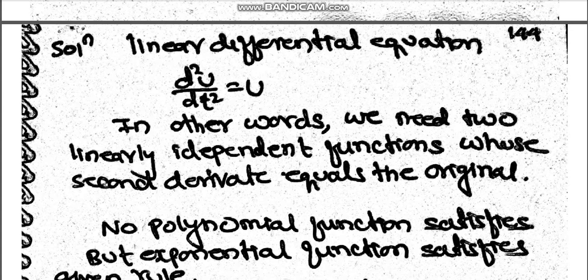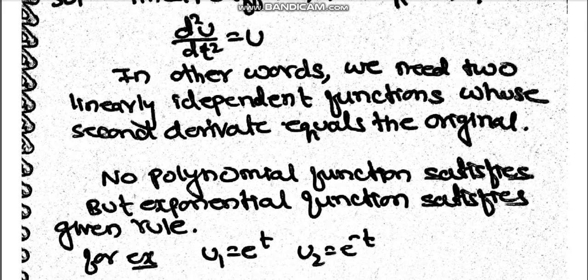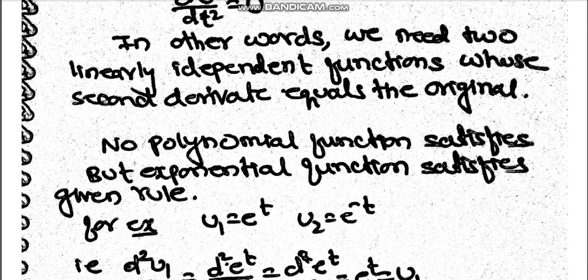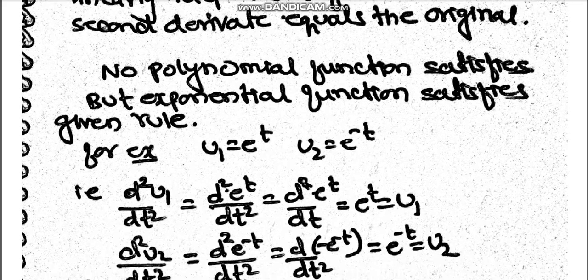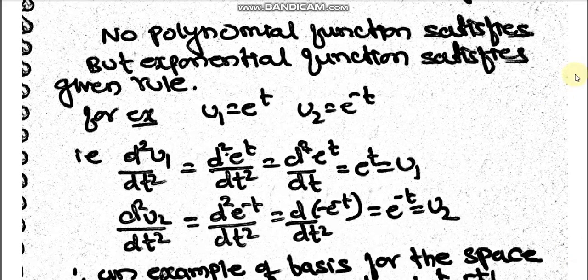Do you have any polynomial that gives the same value when differentiated twice? You don't have any polynomial, but you have the exponential function. You can see I have taken one exponential, and another exponential as e raised to minus t, because we have asked for two vectors, so one vector u1 and one vector u2.